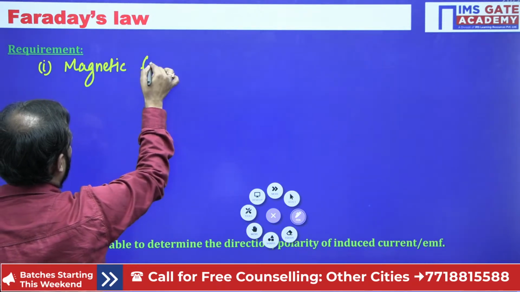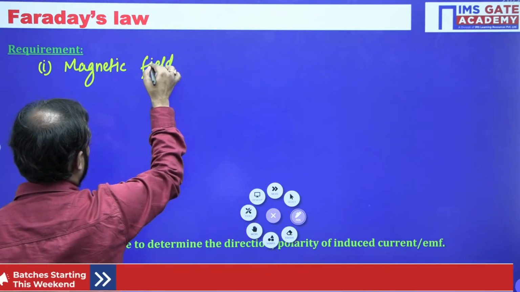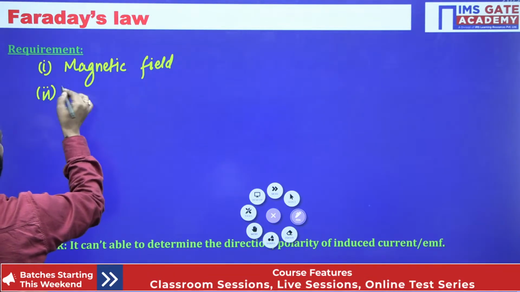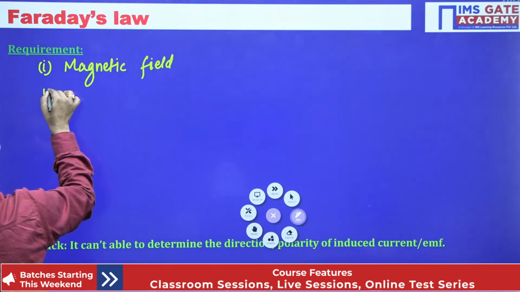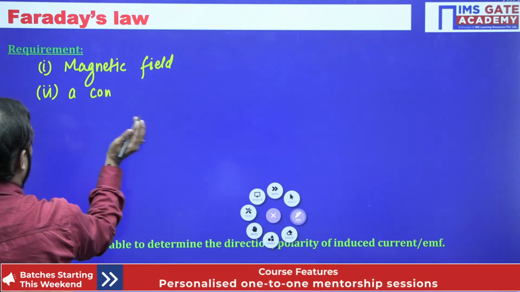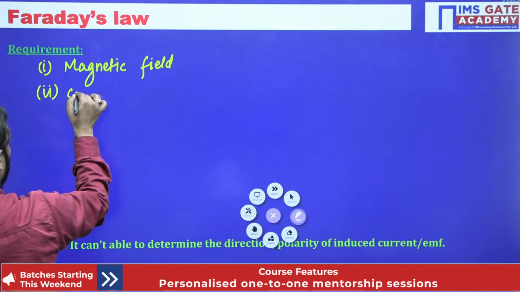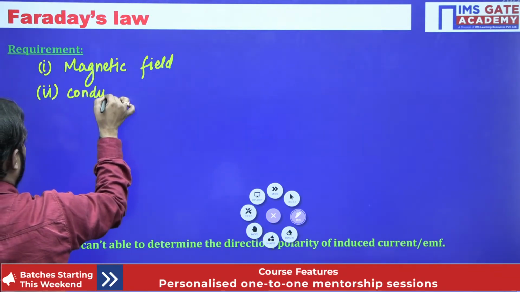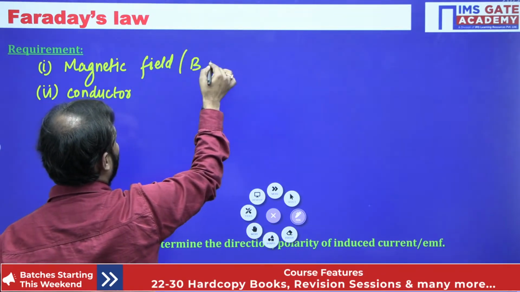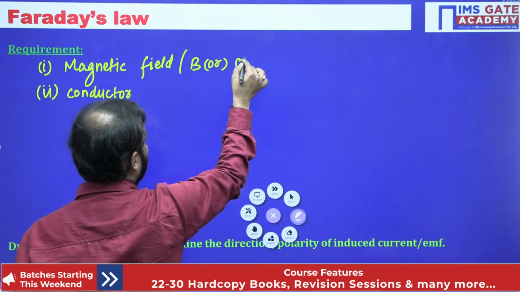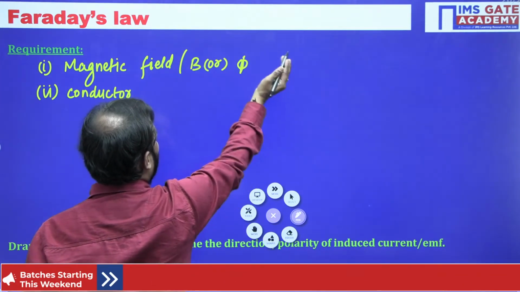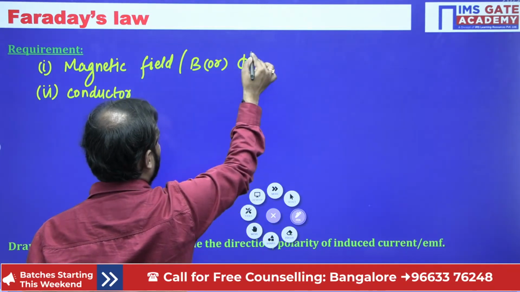Second, a conductor. This magnetic field is B or phi; some may represent it with B and some with phi.